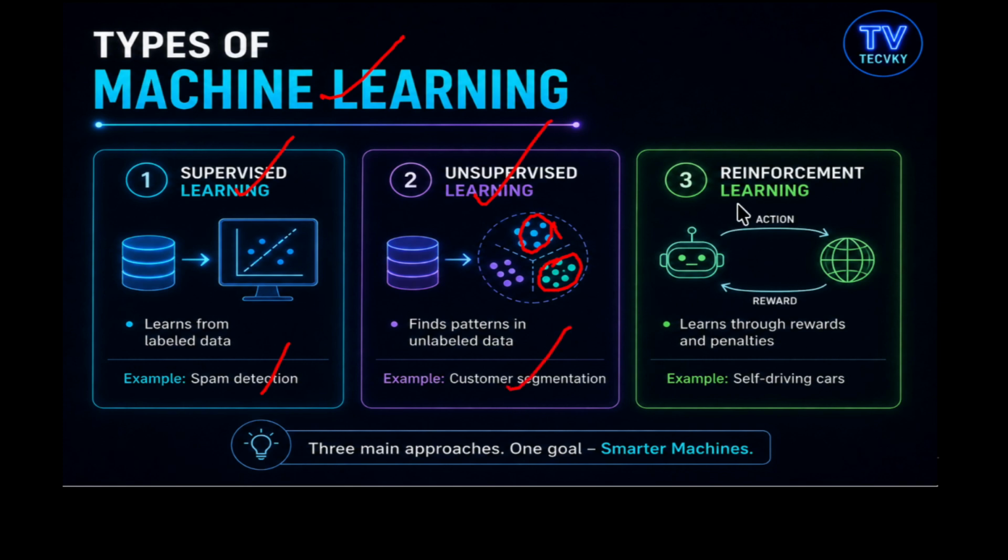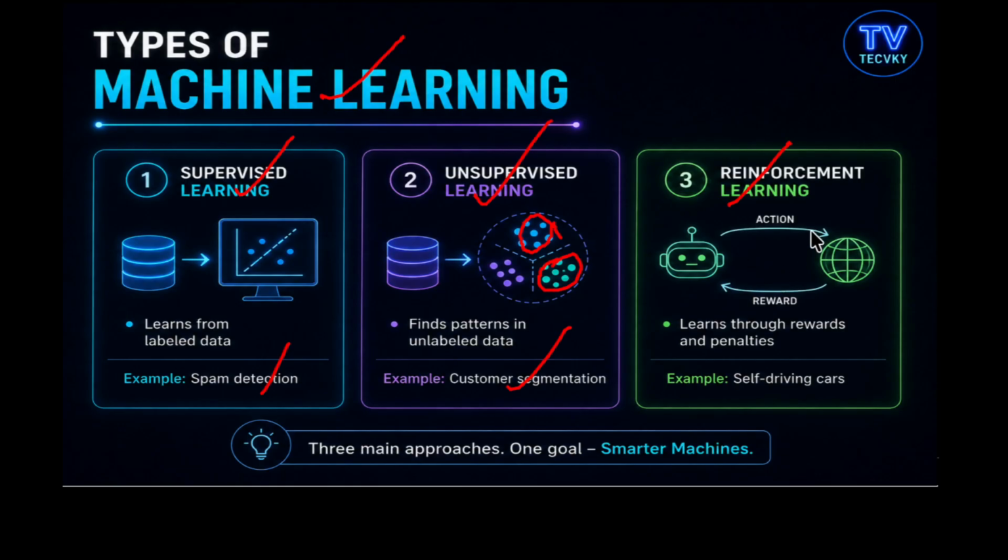The third type is reinforcement learning. In this approach, the AI learns through trial and error. The system performs actions and receives rewards for good decisions and penalties for bad decisions. It is similar to teaching a child: if he does the right action, you give some reward, like 2 chocolates. But in case he does something wrong, then you take back 1 chocolate out of those 2 as a penalty.